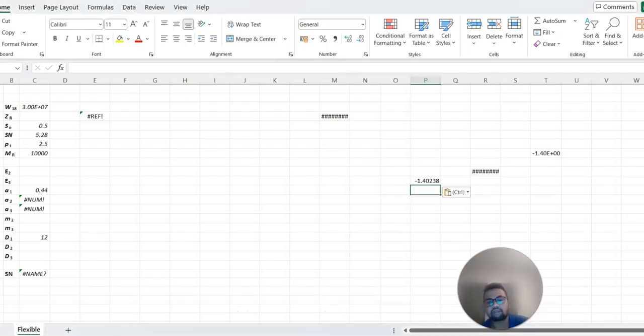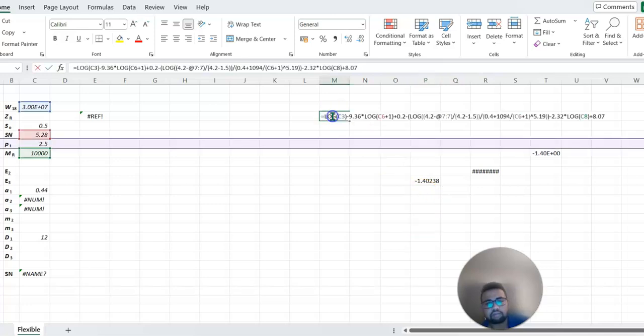So we got some variation in the value. We got minus 1.4, but the value is supposed to be around minus 1.2, so it's going to be around 88 to 82%. In this way we have substituted the given data from the question, and we have a formula also over here.